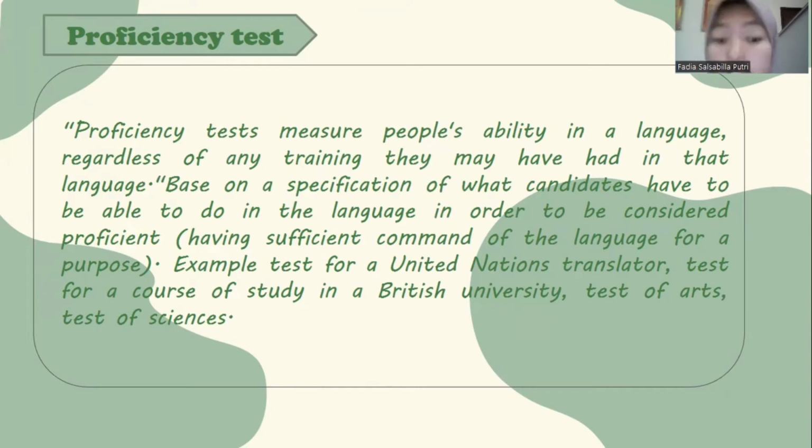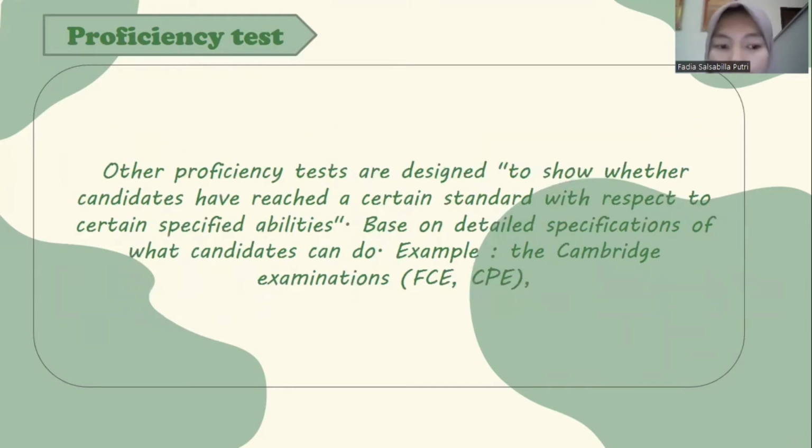Having sufficient command of the language for a purpose. Sample: test for a United Nations translator, test for a course of study in a British university, test of art and test of science.